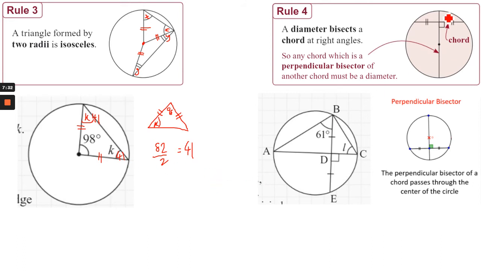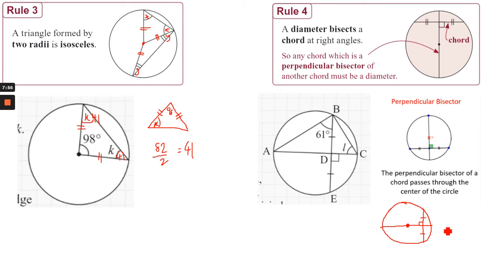Now this one's a bit harder to understand, okay, but if you've got a circle and you've got a chord, if a line bisects that chord, so if it splits that chord exactly in half, then you know that it must be a diameter.